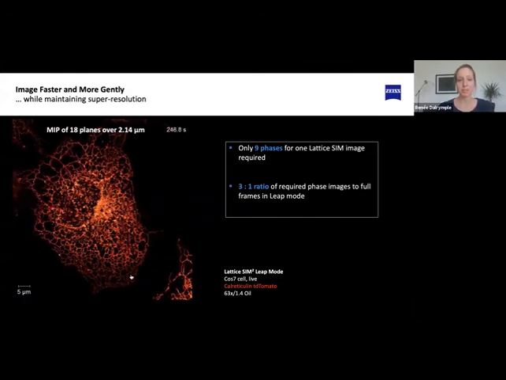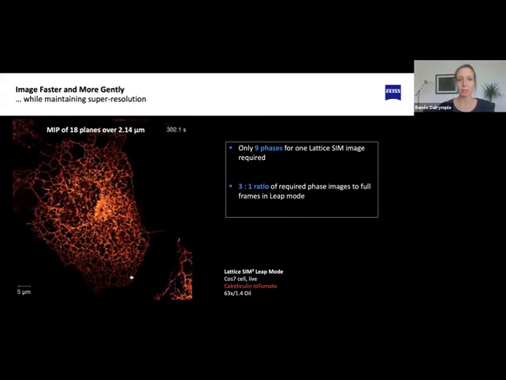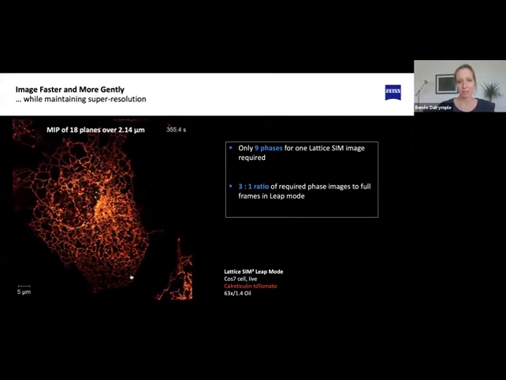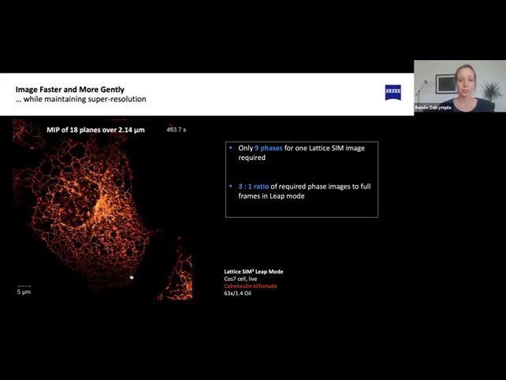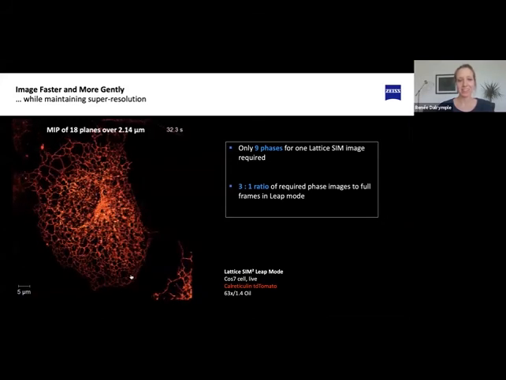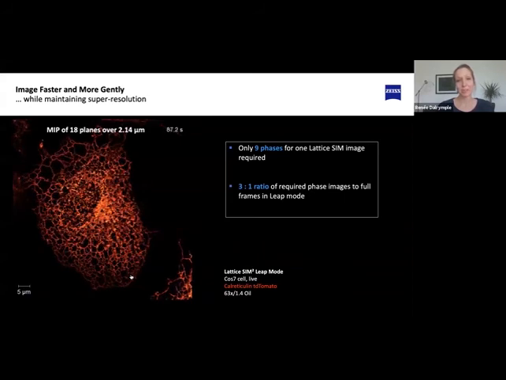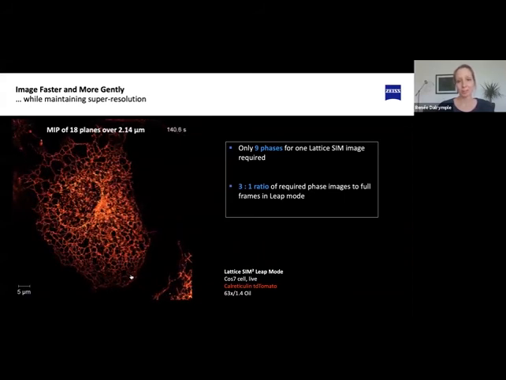But what we've done is reduce the number of exposures that are required to get to that final image. So rather than collecting 13 images for a full-fledged Lattice SIM², now we can do it with 9, while still maintaining our super resolution capabilities.